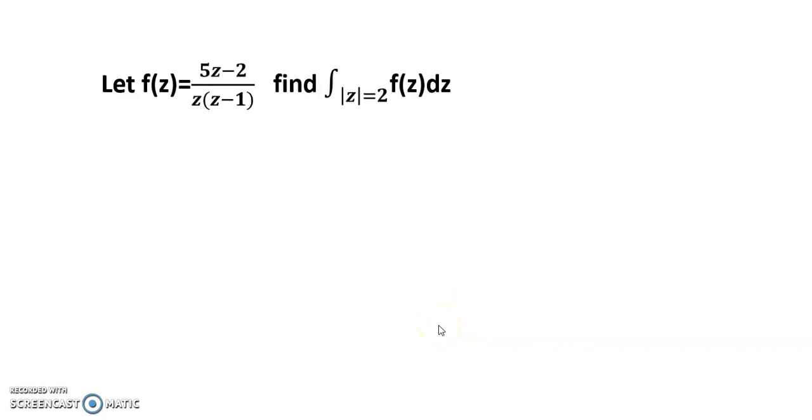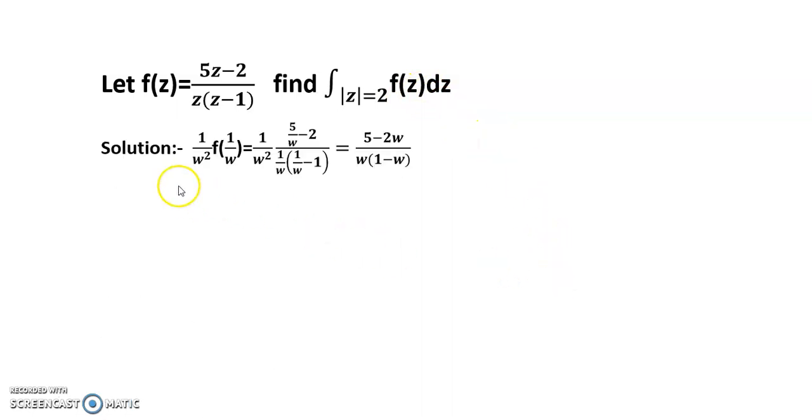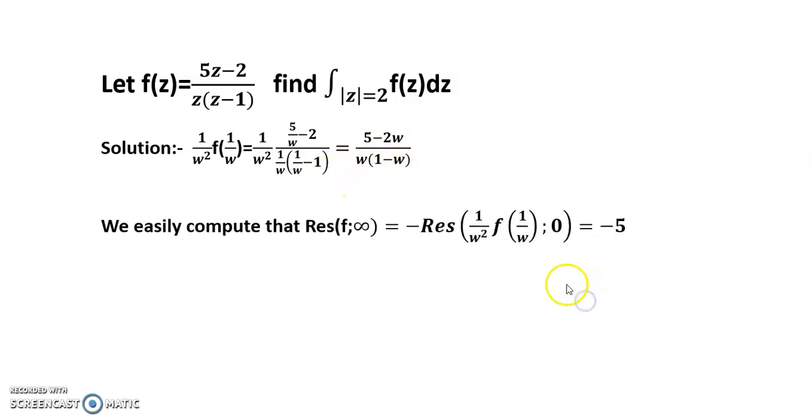Now we discuss a problem. Let f(z) equal (5z minus 2) over z(z minus 1). Find the integral over the circle mod z equals 2 of f(z) dz. Solution: 1 by w squared times f of 1 by w equals 1 by w squared times (5 by w minus 2) over ((5 minus w) into (1 minus w)).